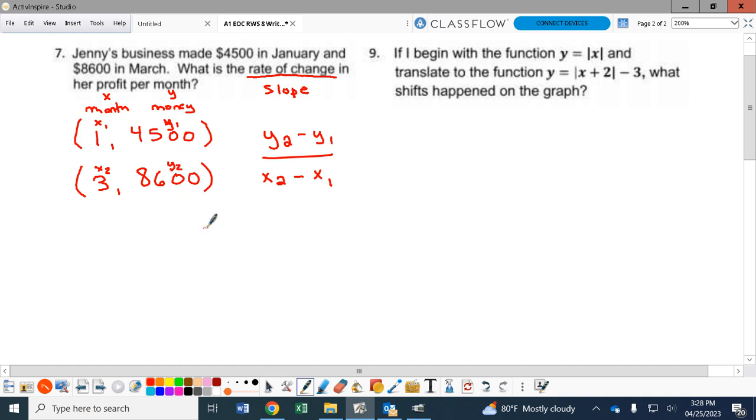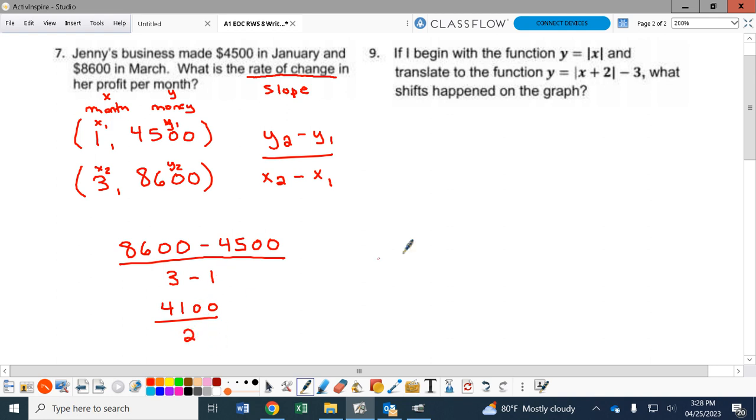So when you're setting it up, it's going to be 8,600 minus 4,500 all over 3 minus 1, which when you do the math for that, it's going to leave you 4,100 on the top over 2 on the bottom.